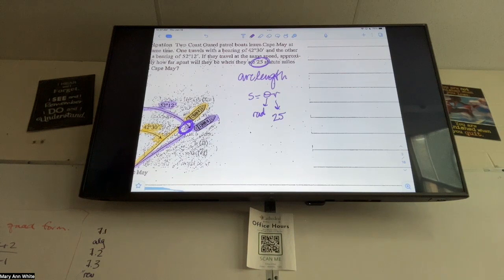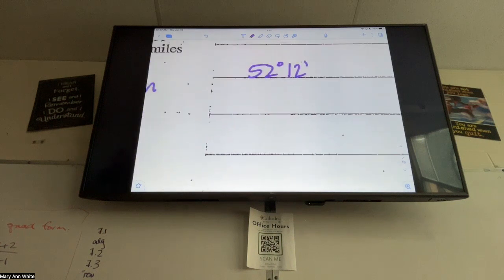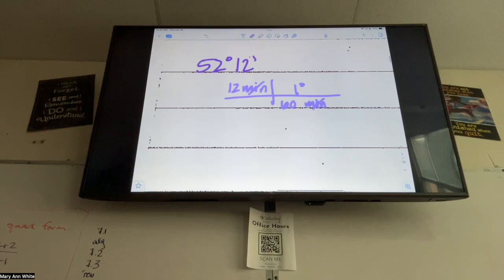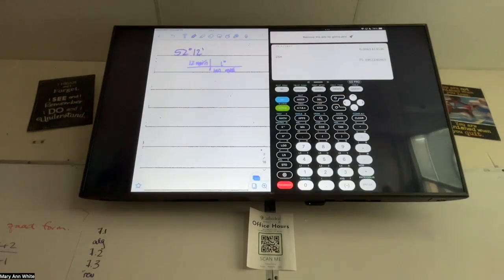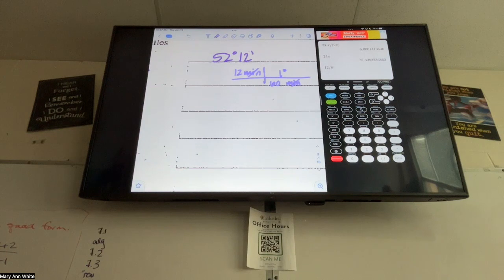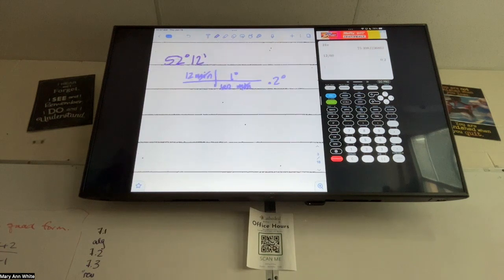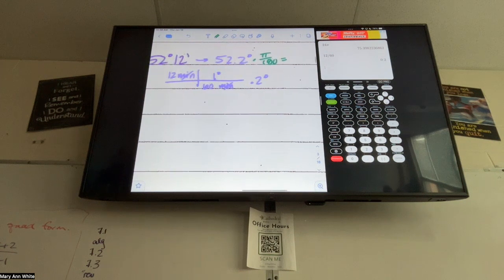So again, we take our angle, and we got to make it into degrees or into decimal form first. Make it into degrees, make it into a decimal, and then multiply by pi over 180.